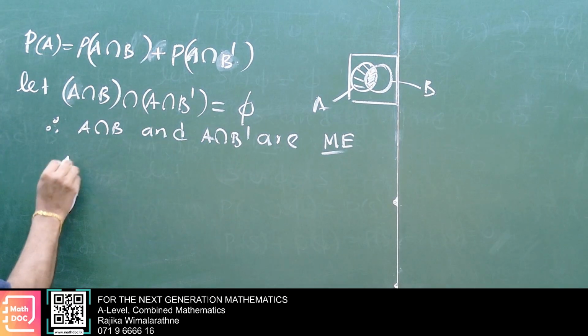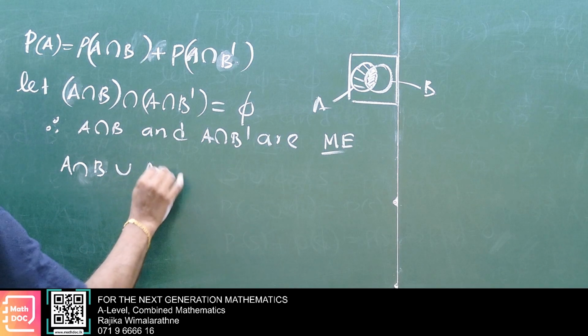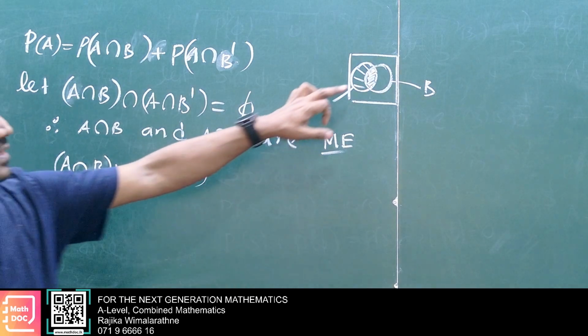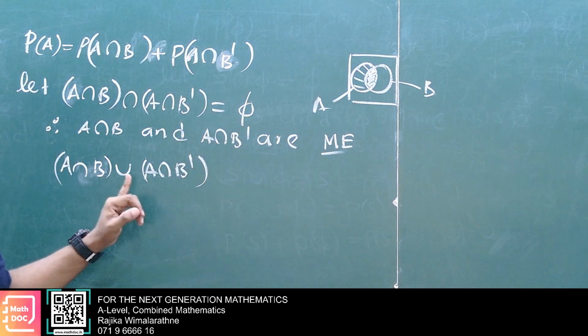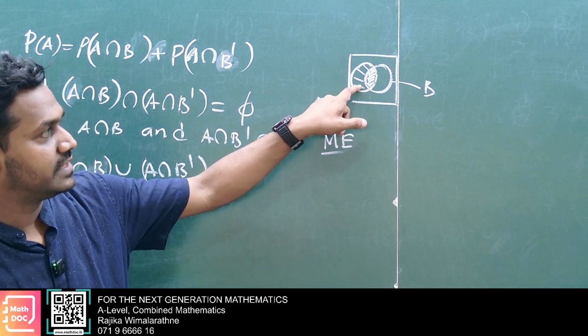So now think A intersection B union A intersection B dash. That is full A, no? Here A intersection B, here A intersection B dash.